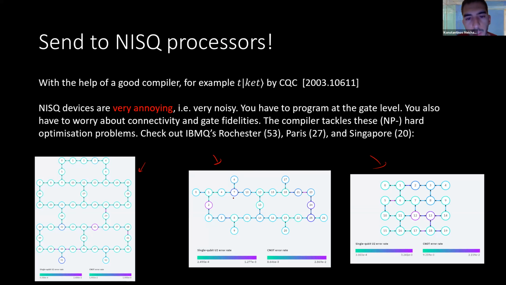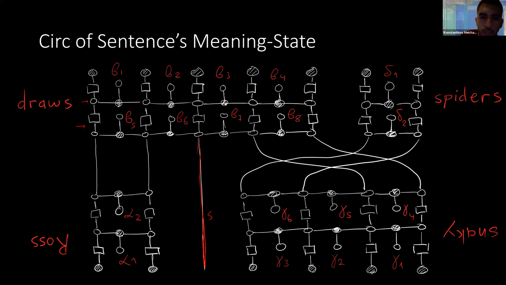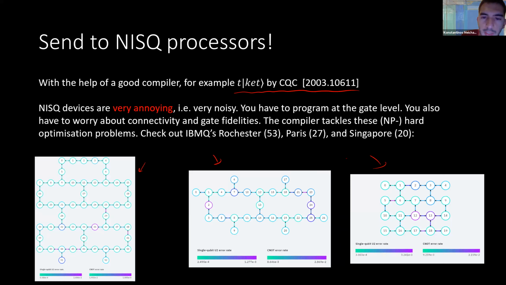And you see not every qubit talks to any other qubit. They all have their own connectivity. So basically a compiler needs to come in. We use the Cambridge Quantum Computing compiler, which basically takes a circuit like this and fits it on an architecture of a quantum device. So we use Tket to solve this annoying problem for us.